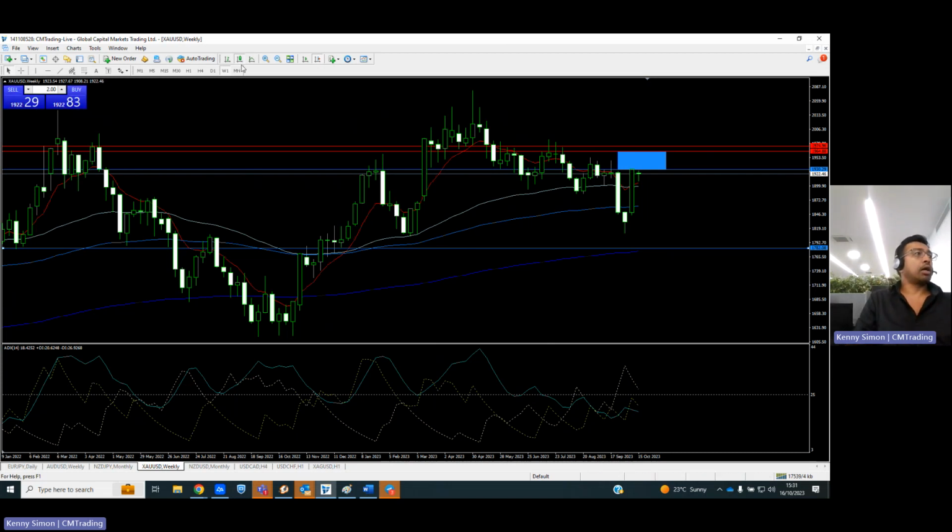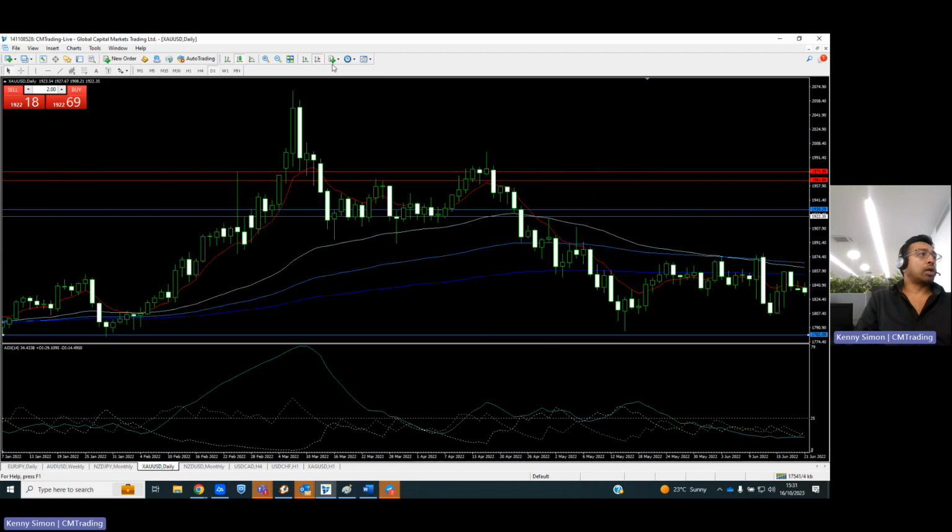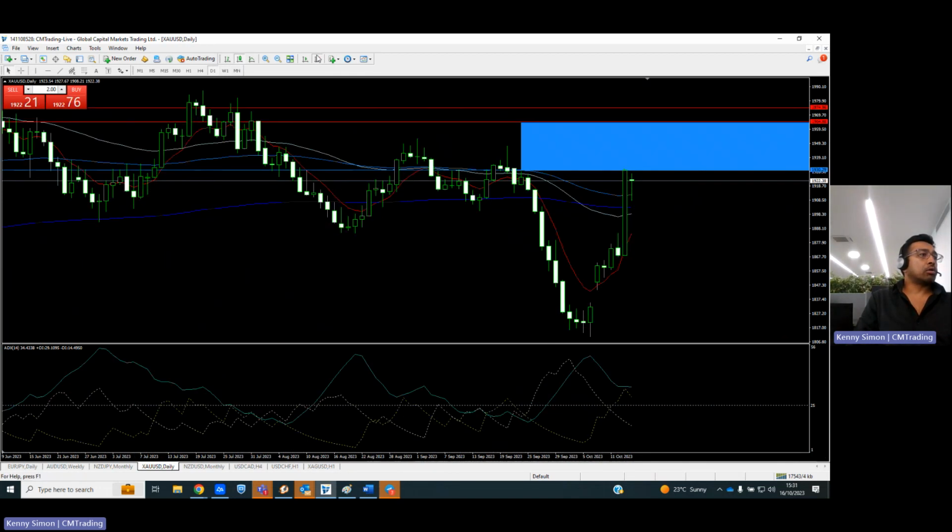Now, let's go on to lower time frames and give us more hints of how much potential we could look into buying in lower time frames. So here, for example, I could see to the left, we have got this area right here, and we've got a bullish mother candle.